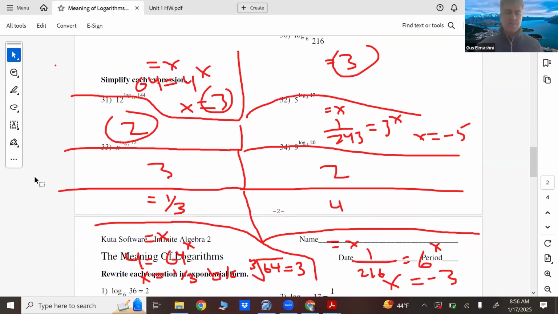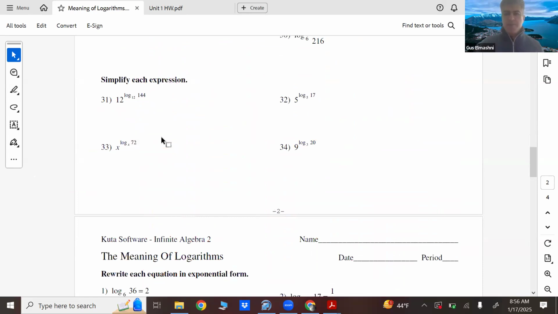All right, so okay, these are kind of weird. What I'm going to do is set this equal to x. And I'm going to do log. Actually, let me redo this problem. Let me rewrite it in different colors. Okay, guys, look at stop. Thanks.